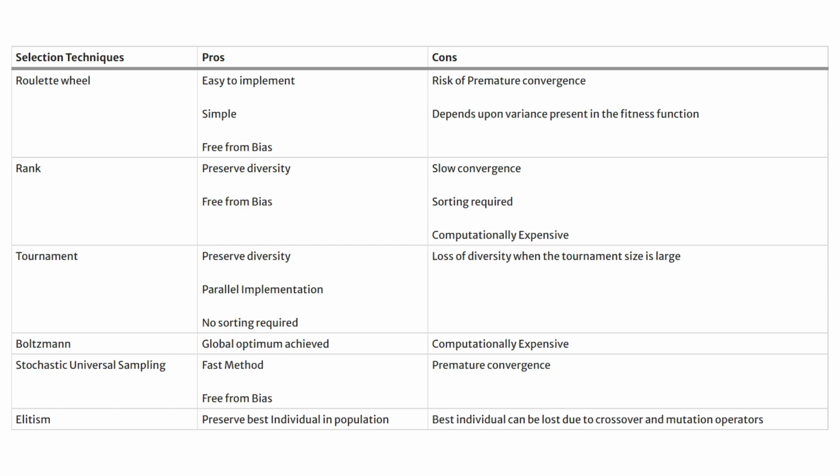So there are pros and cons for each selection technique. And elitism, as I talked about, preserves the best individuals in the population so that they cannot be lost due to mutation.